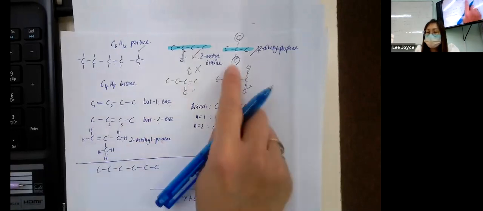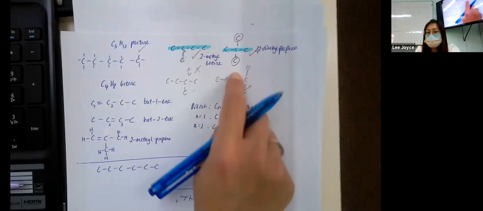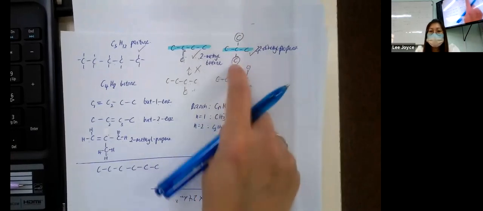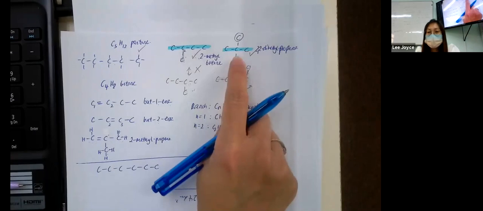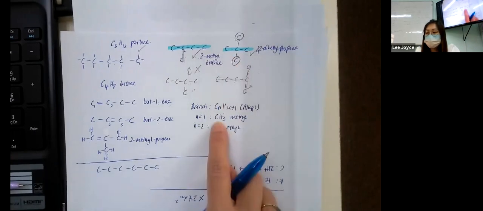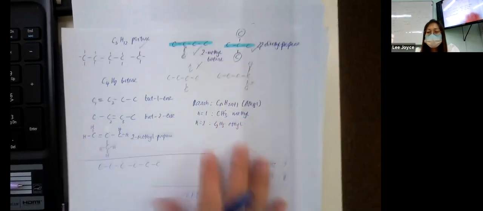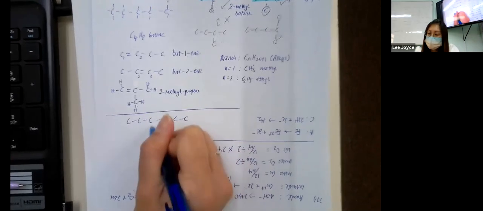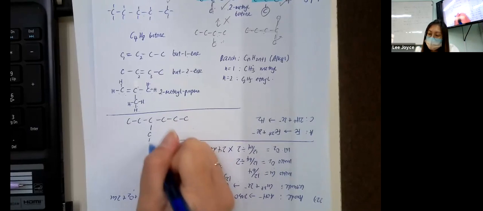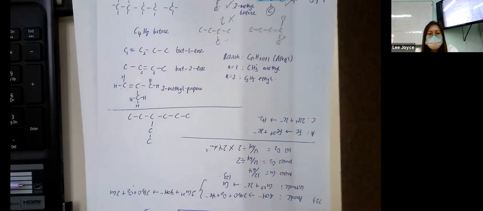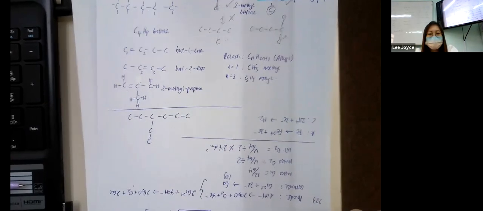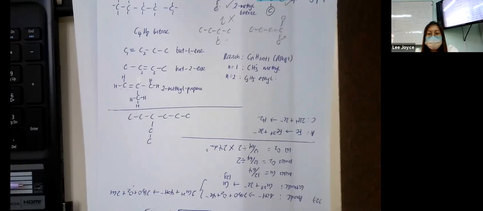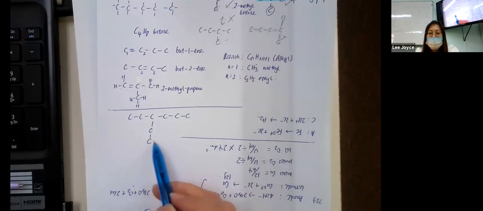Now this is not an ethyl, because the branches are put separately, one up, one down, and in each branch there's only one carbon atom, so it should be a methyl. Ethyl will be like this: I use this branch, and then there are 2 carbons joined like that. This is called an ethyl.